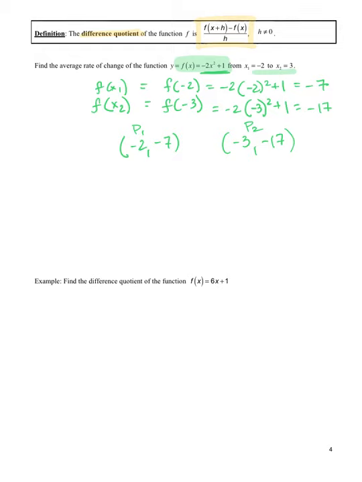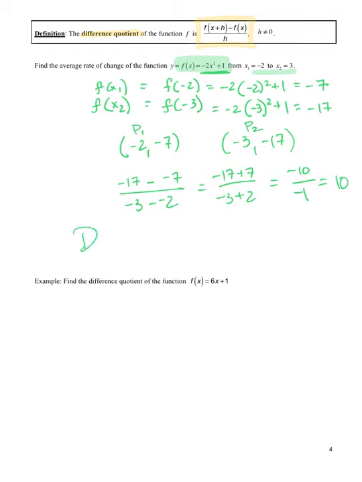So I have change of y over change of x. That's -17 plus 7 over -3 plus 2, which is -10 over -1, which is 10.